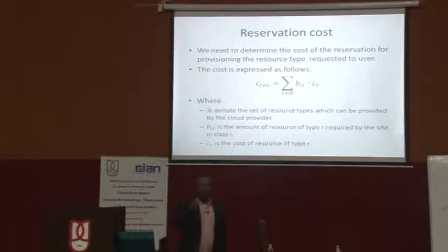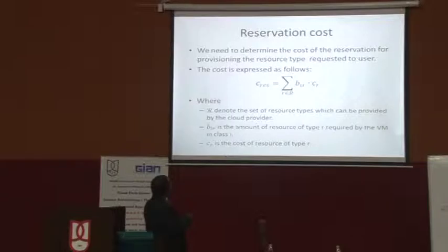Now, you can remember I showed you the tables. There are different types of resources that you need. So we need the resource type requested by the user applications. And given this information, we can actually determine the overall cost of reservation.